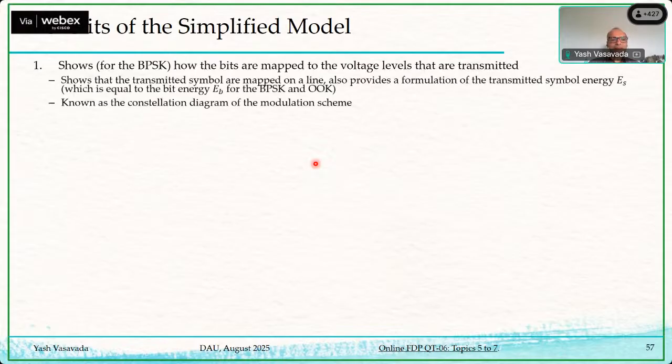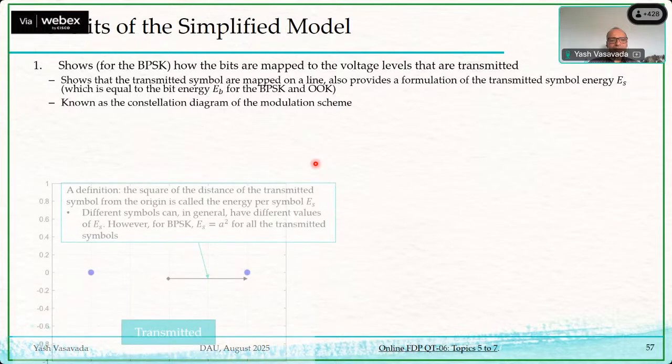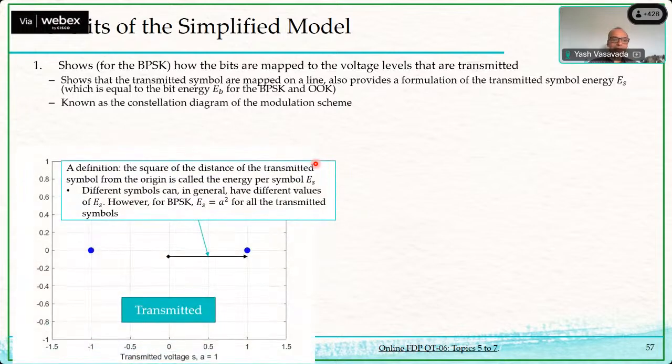So basically, what we have done is for BPSK, we have kind of understood what the constellation scheme is. Constellation scheme is shown typically by this type of diagram where the transmitted symbols are shown. For BPSK, they are 1 and -1.